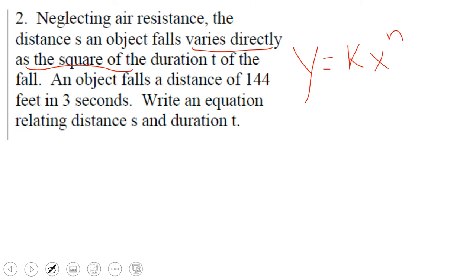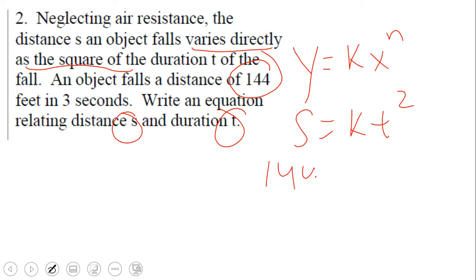Then make it specific. You're trying to talk about distance and time. So the distance varies directly with the square of the time. So that is now your equation using the appropriate variables. They tell you that an object falls 144 feet. That's a distance. 3 seconds, that's 9.